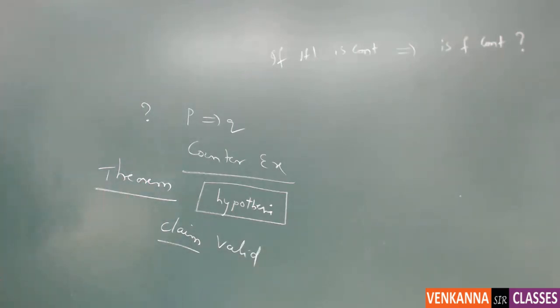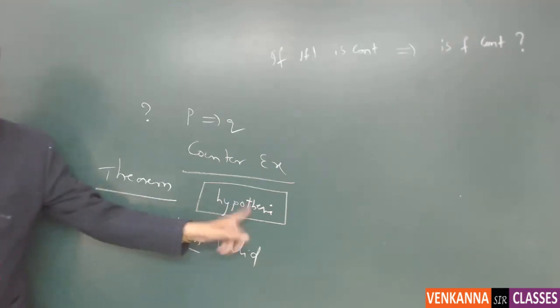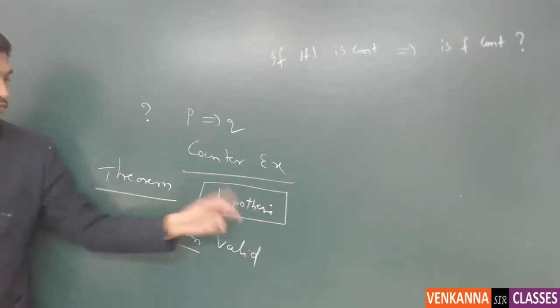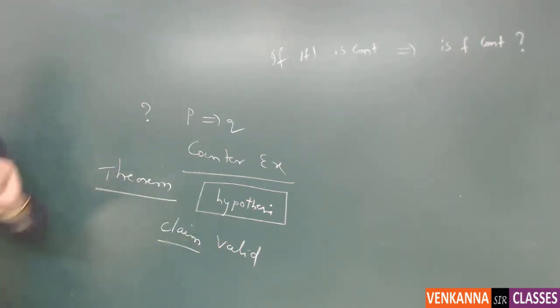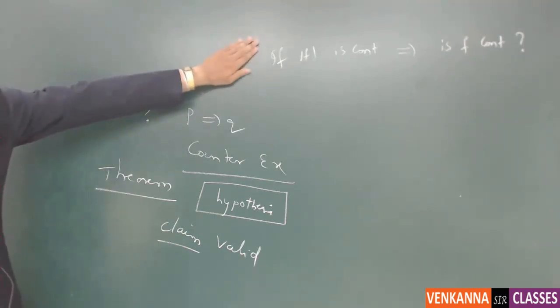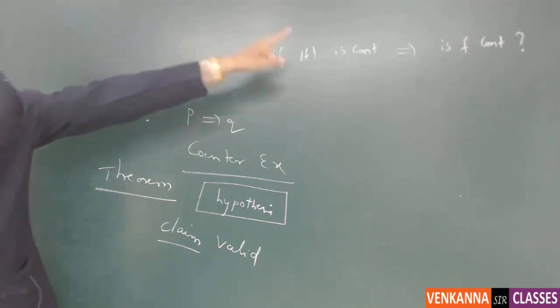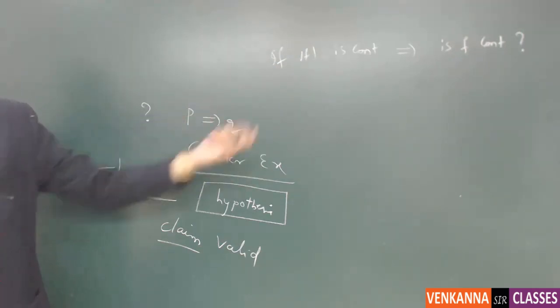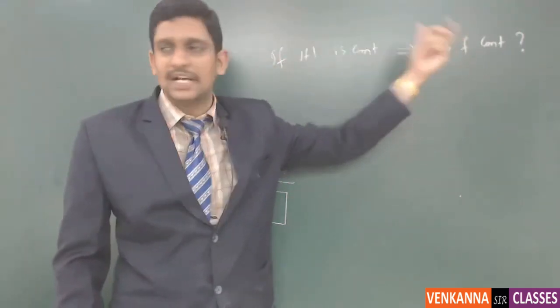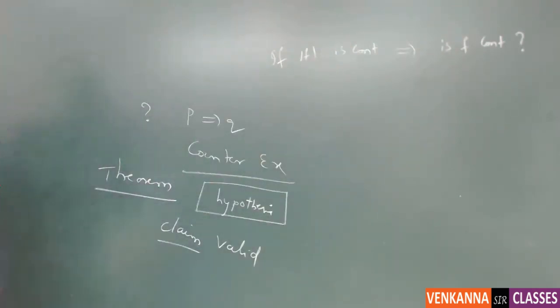So if you want to prove that this theorem doesn't hold good, you should look for a counter example, so that even though the hypothesis is satisfied, you get an invalid claim. Similarly, I say that mod f is continuous, and if I want to prove that f is not continuous, I should find a counter example satisfying this condition. Fine. Is it clear?